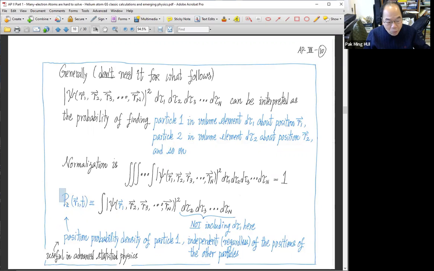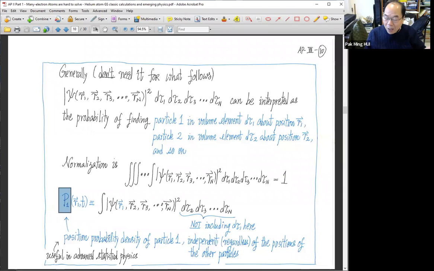So this is called P1, and that is the position probability density. That is to say, I only focus on one particle, say number 1 here, independent of the positions of all the other particles. You integrate over all the rest, and then I focus on one particle, and that will tell me if I want to look for this particle number 1, what is the probability here, there, and I don't care about what happened to the other particles.